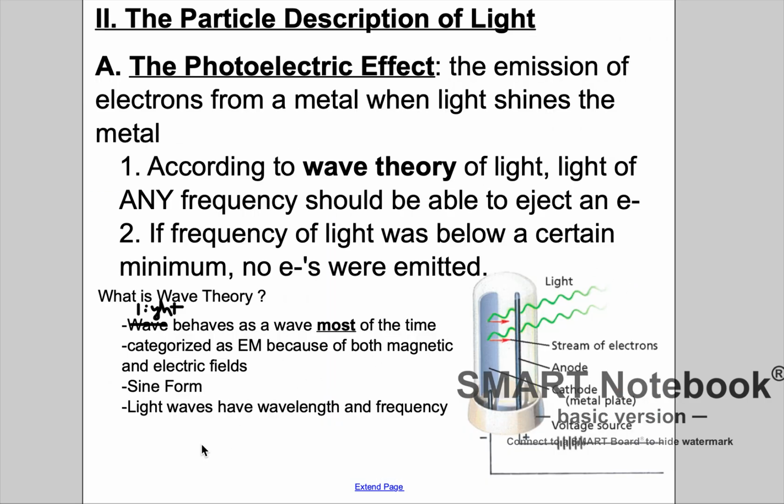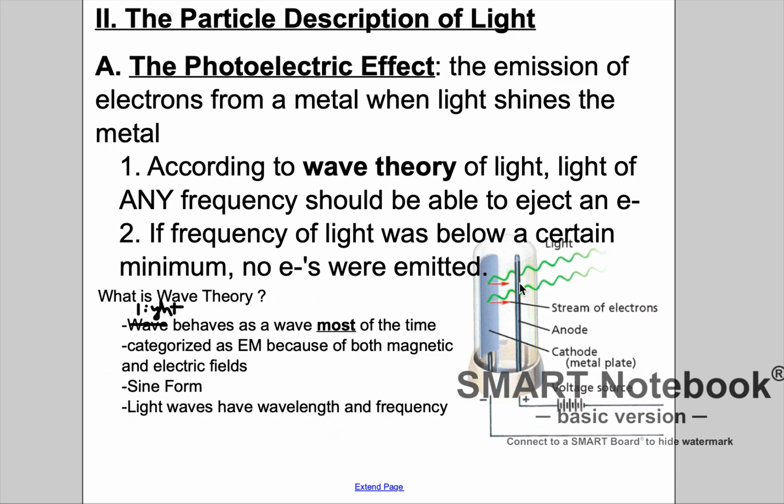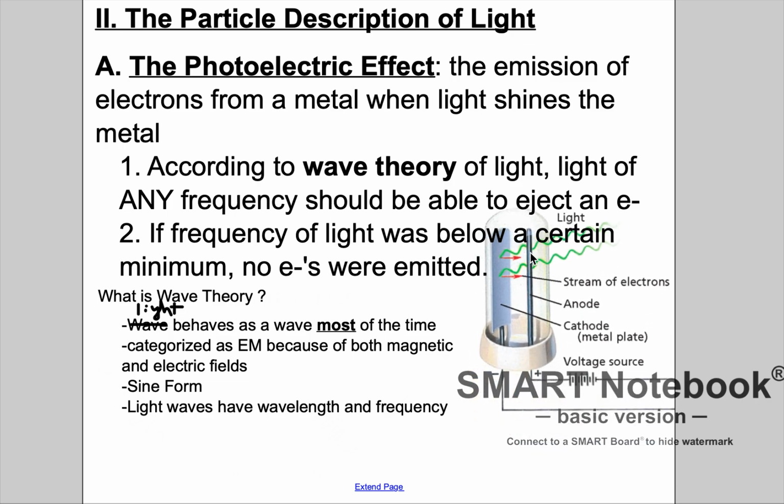Okay, and so light waves have both wavelength and frequency. Now, in this experiment, according to wave theory, light of any frequency should be able to eject an electron from a piece of metal. Oh, shoot, I forgot I did not have my arrow. Embarrassing. Okay, so in this picture here, you have this strip of metal, just a metal plate.